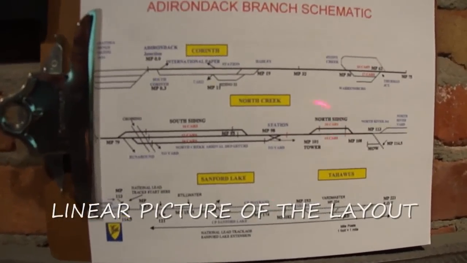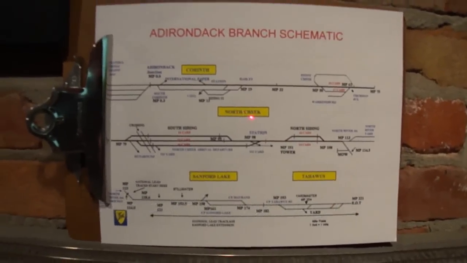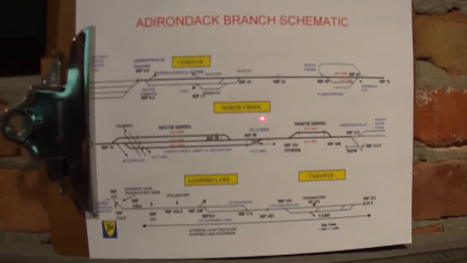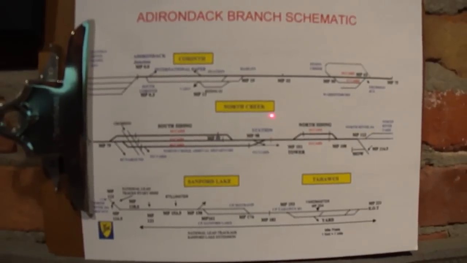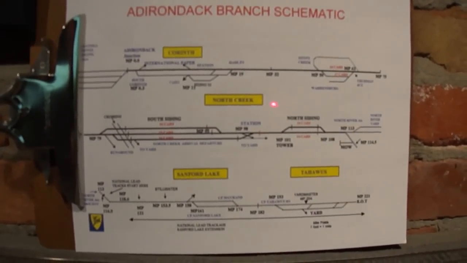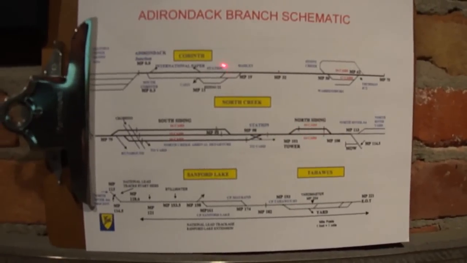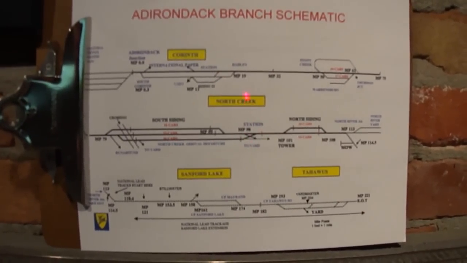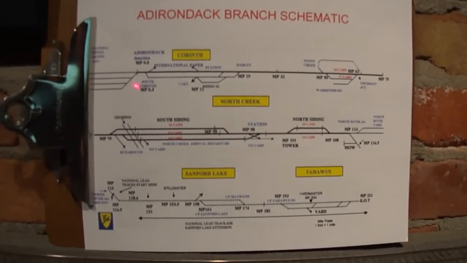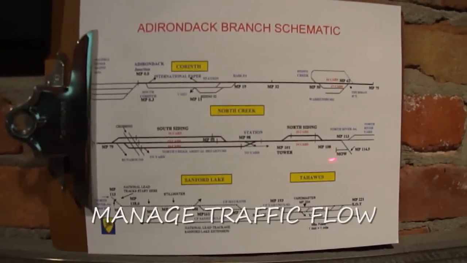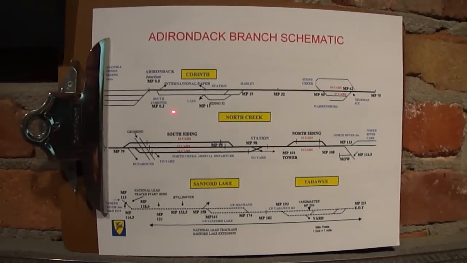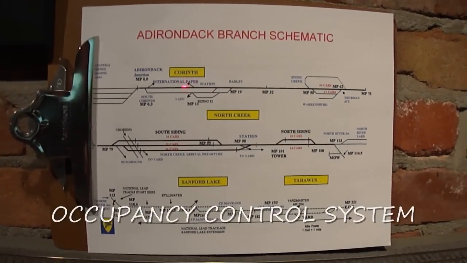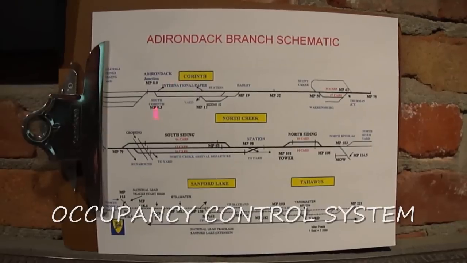Okay, so the dispatcher would have this either in physical form on a control machine in the timetable and train order days, or on a computer today. So that would be the computer, and on the schematic the dispatcher will be able to follow the traffic of the trains. My layout operates on an occupancy control system, where the dispatcher gives track warrants.